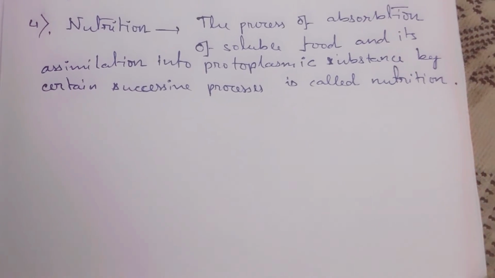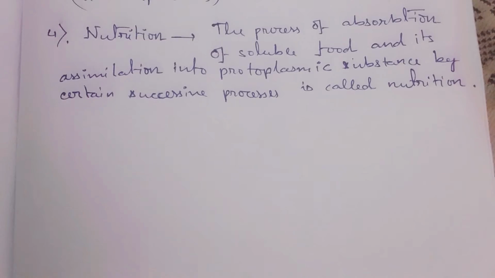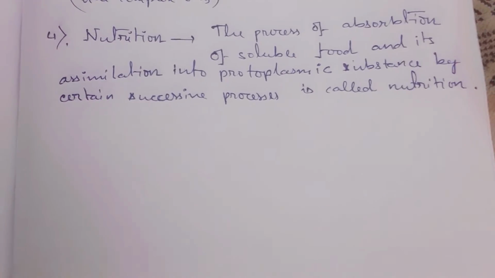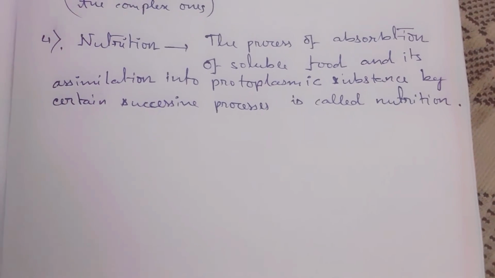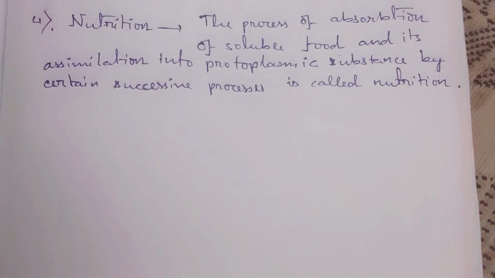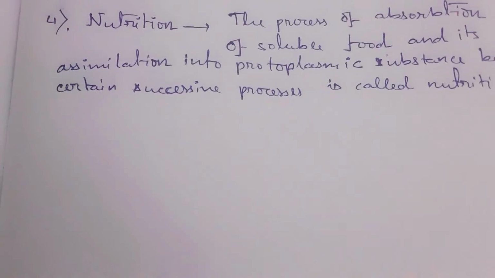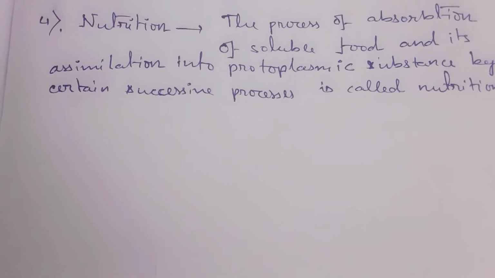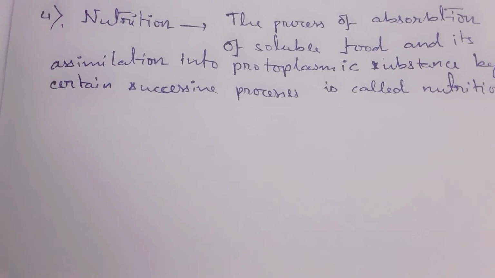It assimilates it. That means it takes it in and then uses it, and this occurs by a successive line of processes. That means ingestion, digestion, then absorption, assimilation, and egestion. These are the main processes included in human digestion.